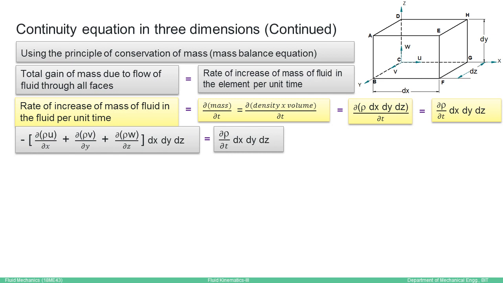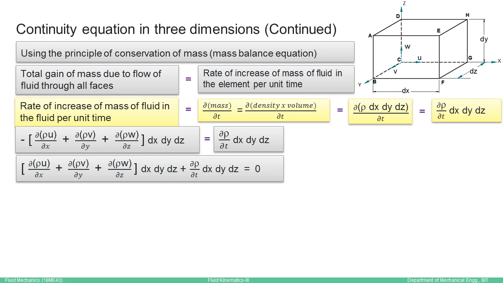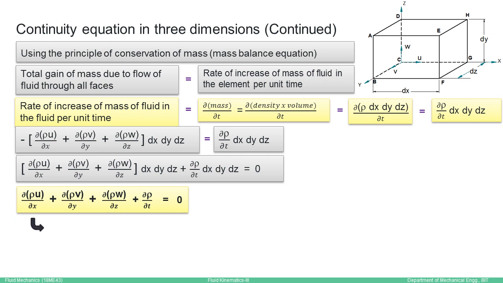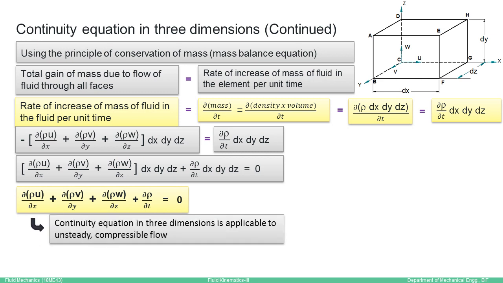Having substituted the left hand side and right hand side and simplified by dividing the equation by dx dy dz, we end up with the continuity equation in 3 dimensions, which is applicable to unsteady compressible flow. That is ∂(rho u)/∂x plus ∂(rho v)/∂y plus ∂(rho w)/∂z plus ∂rho/∂t is equal to 0.